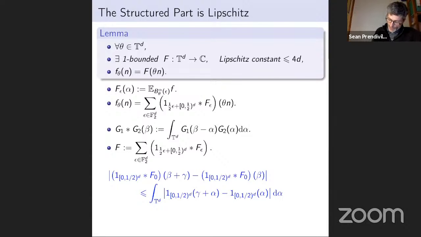So we've got the indicator function of the box shifted by gamma minus the indicator function of the box, and we're integrating. So we've just got the measure of the symmetric difference of these two boxes, with one of them shifted. You can do a little bit of geometry to estimate this symmetric difference, and the bound I got was 2 to the minus d times 4 times the sum over all the fractional parts of this alpha vector.